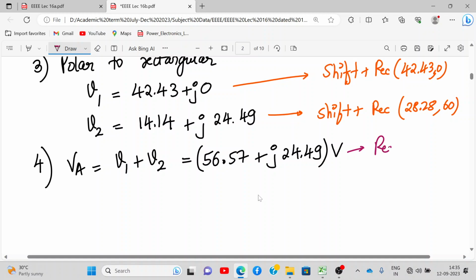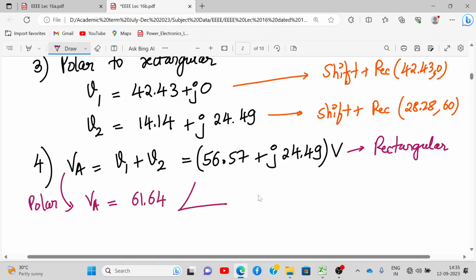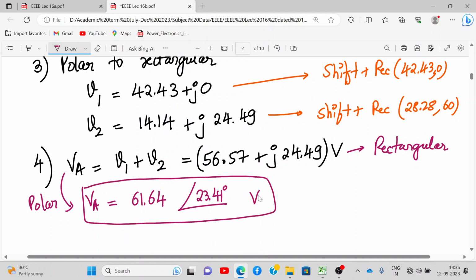This is in rect. So do polar form now. So VA will be how much? 61.64 angle 23.41 volt. Got it?